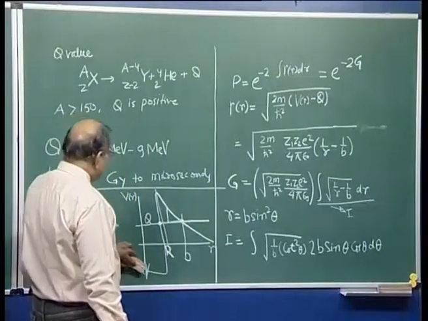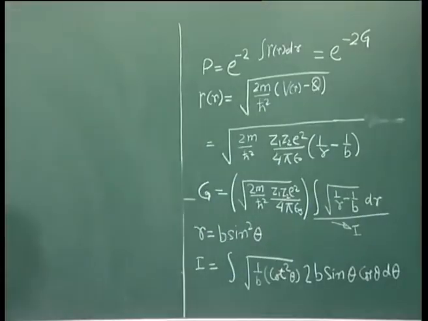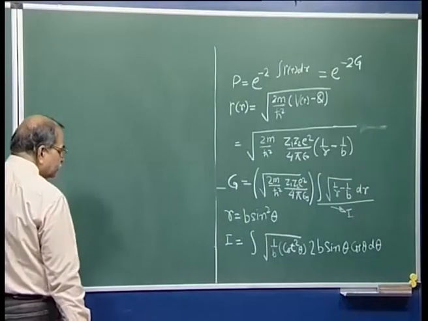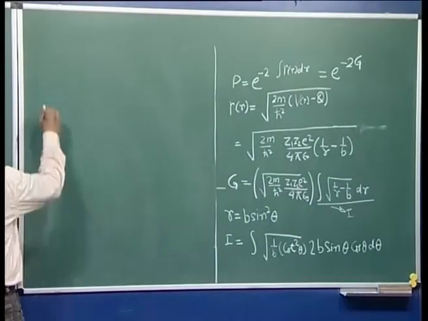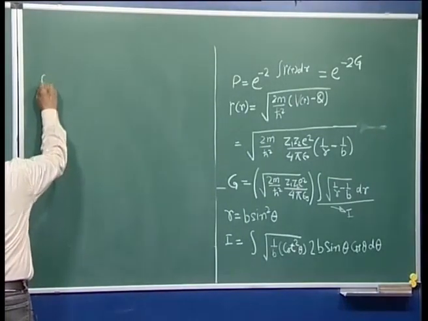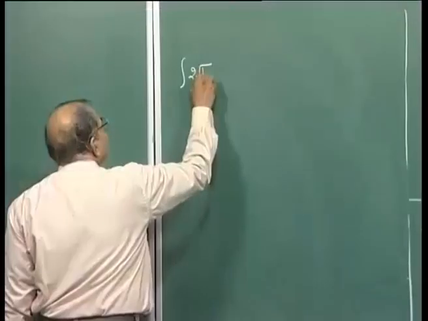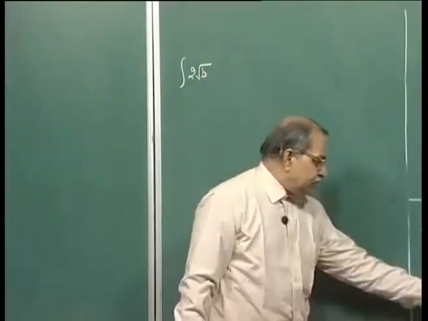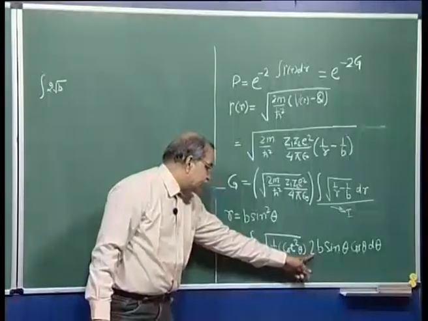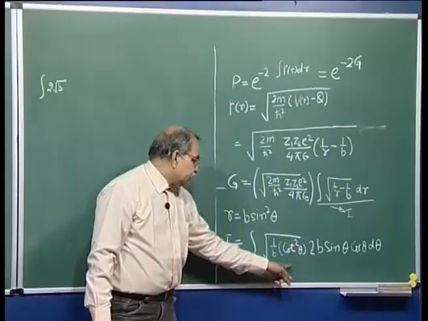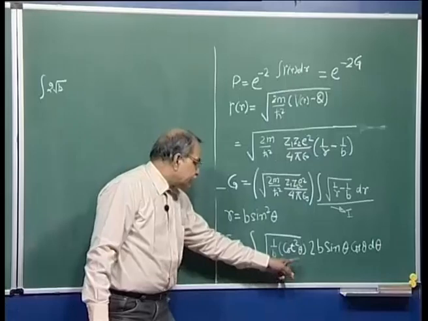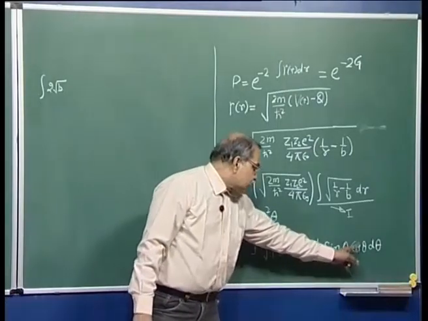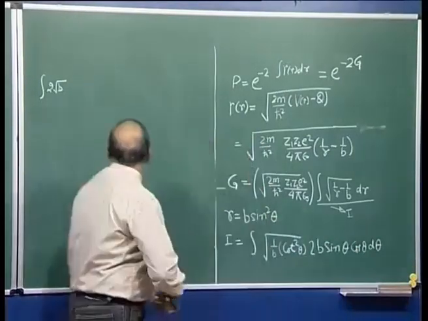Now, I have taken the square root of b, and I have taken this 2. Cot theta is cos theta divided by sin theta, and the sin theta cancels out. So, it is cos square theta d theta.